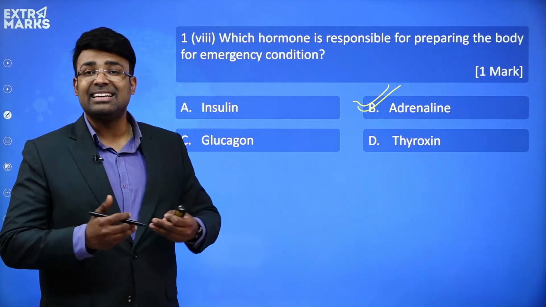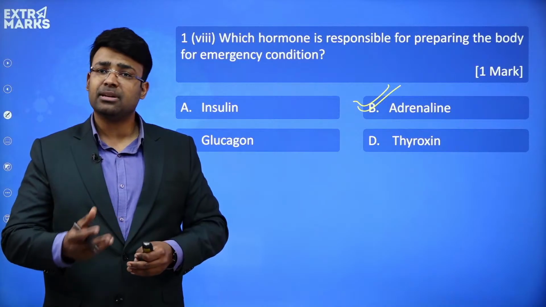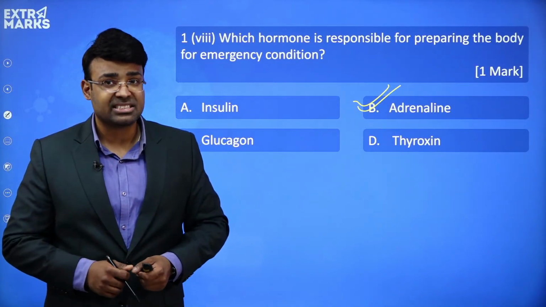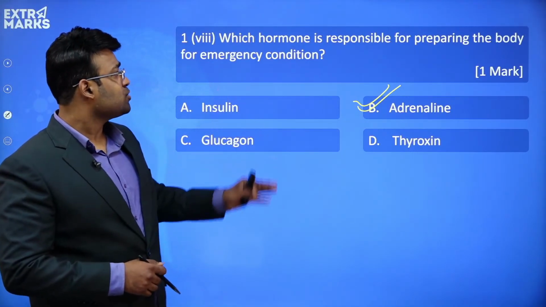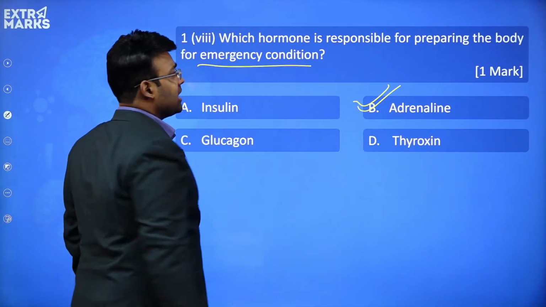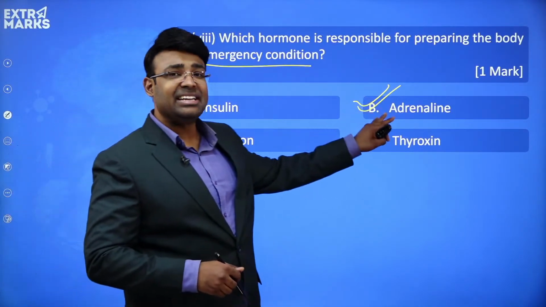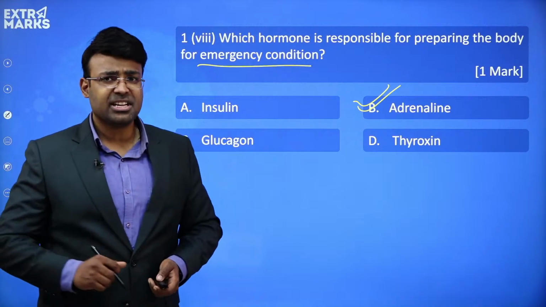Insulin is released in the body during hyperglycemia, while glucagon is released during hypoglycemia. So the only hormone responsible for preparing the body during the emergency condition is the adrenaline hormone. So let's see about it.